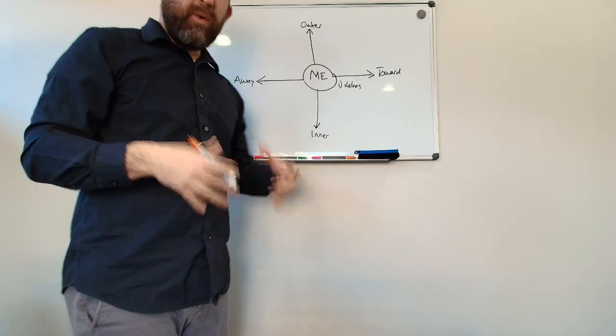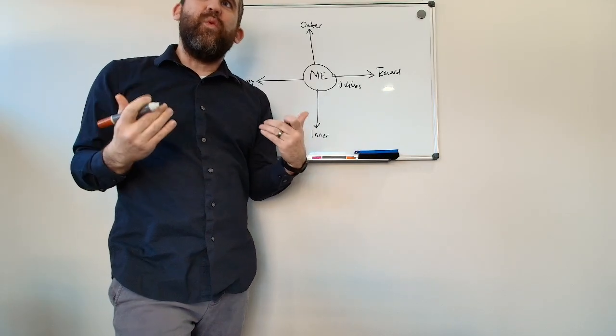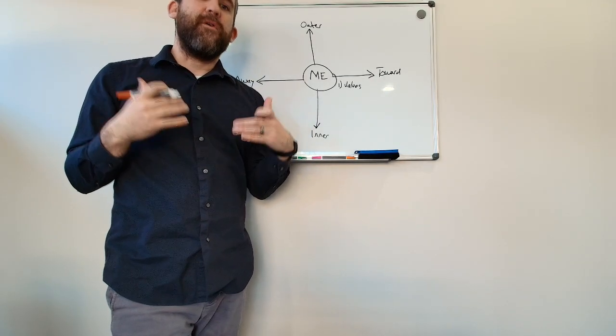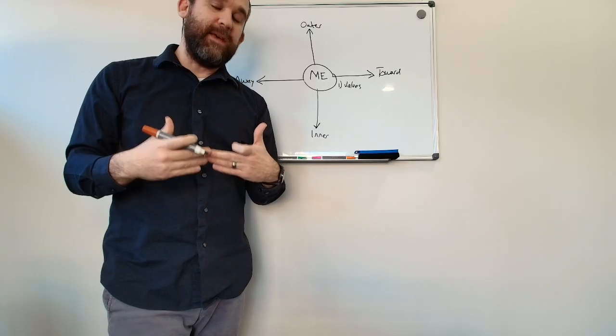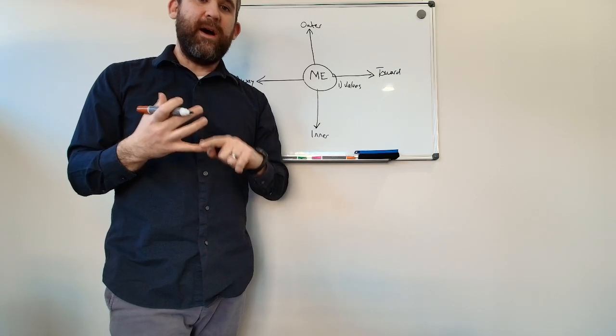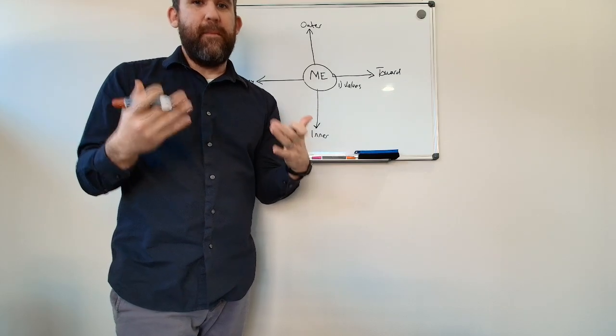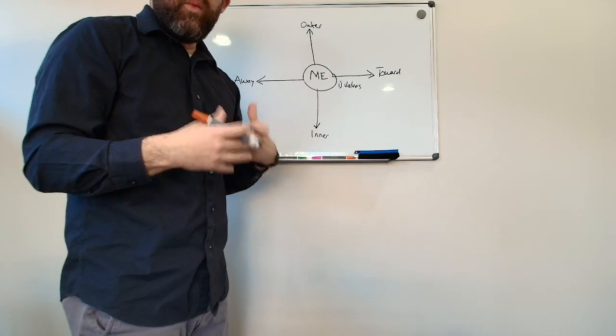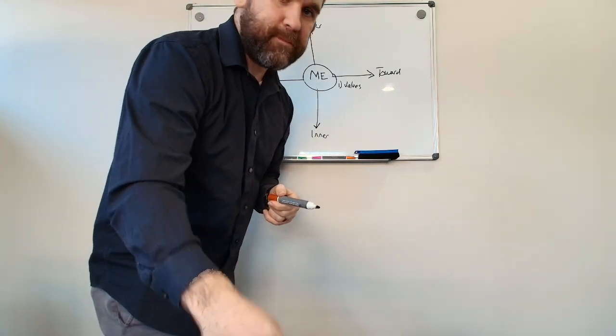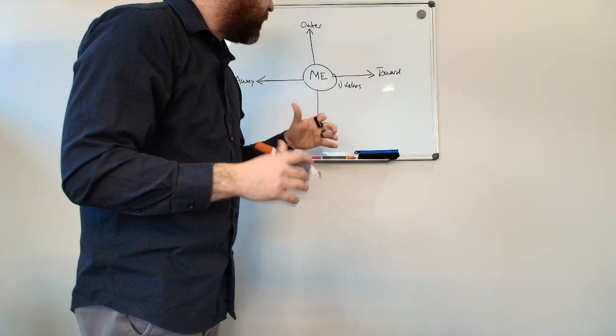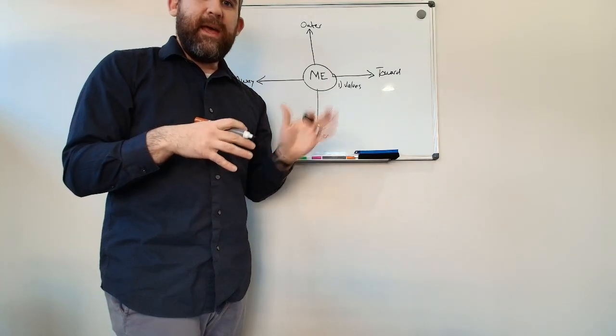Now, values, what would be some of the things that you feel are important in how you want to live in this world? How you want others to feel about you? What you want your life to be about? Now, we would want to take some examples here that you've already given and put these on here.